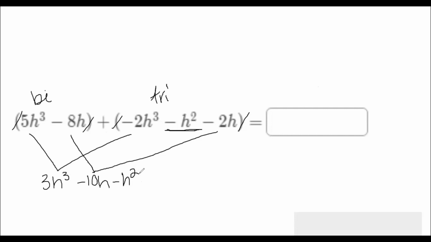But I want to write this in standard form with the highest degrees first. So that would look like 3h cubed minus 8h squared minus h squared minus 10h.